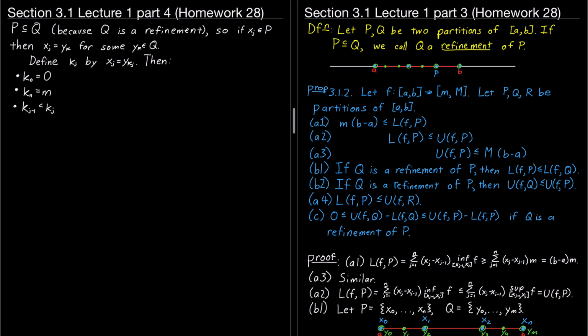Since we write xj minus 1, that's equal to y sub k sub j minus 1. And that's strictly less than xj by how the xj's are defined.